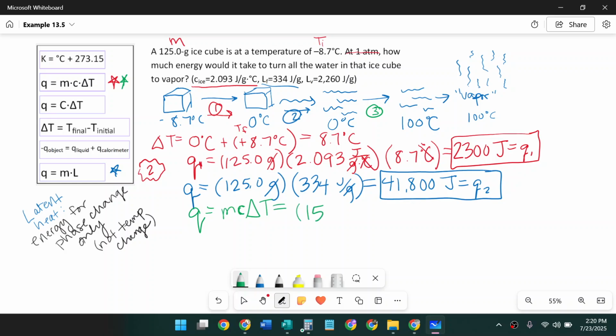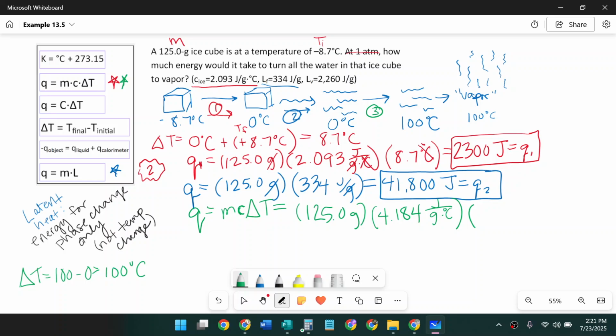So 125.0 grams. Now this time we have water involved, so we know what that specific heat capacity is, or we hope we do because it should be memorized. And then we're using our change in temperature. So I know it's increasing by 100, so I can just put in 100, but I can also, if we wanted to come to the side and calculate the change in temperature for this one, final minus initial equals 100 degrees Celsius.